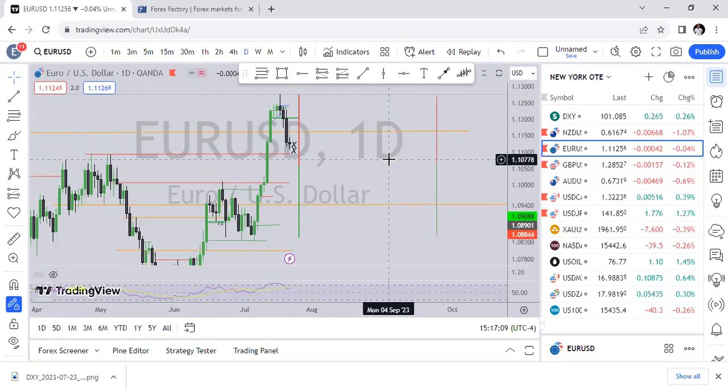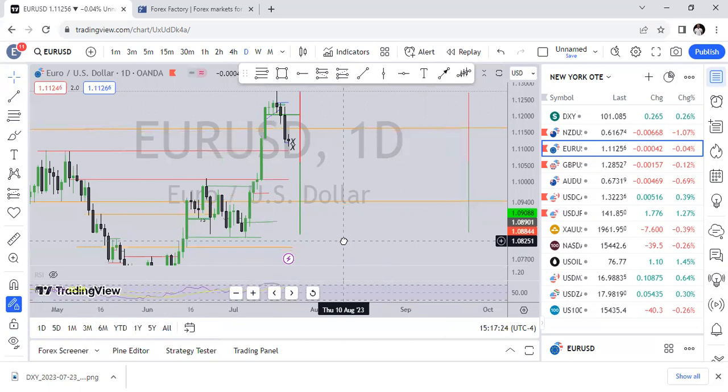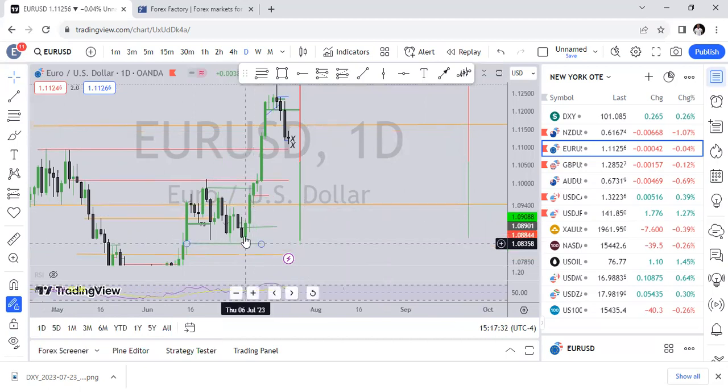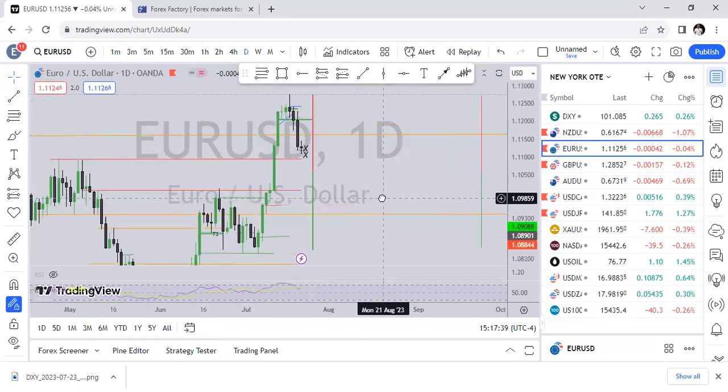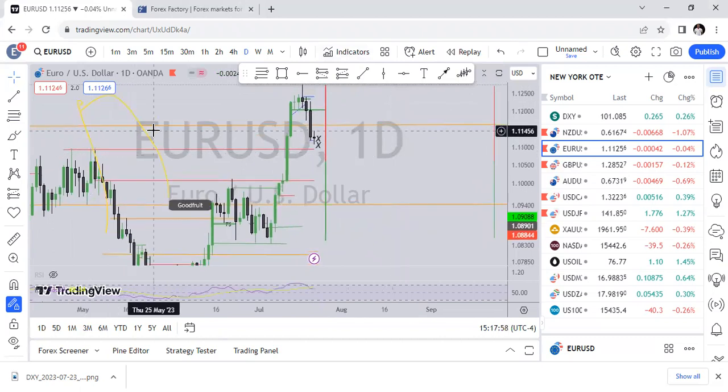If we look at this level here, we have seen that the Euro USD is making an impulsive move to the upside, that's this move here, showing strength. It is just like a consolidation before the dollar.